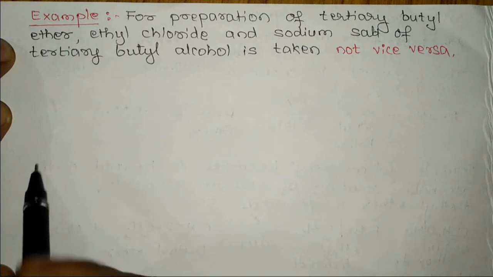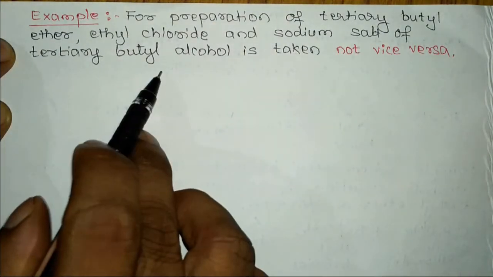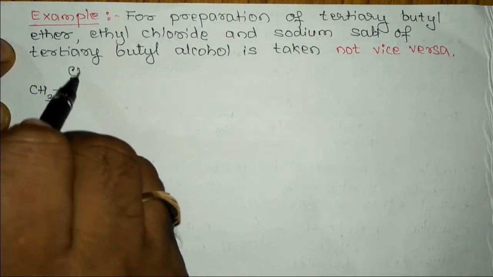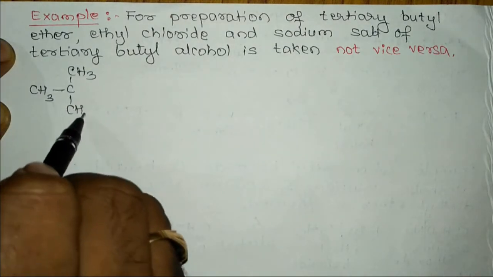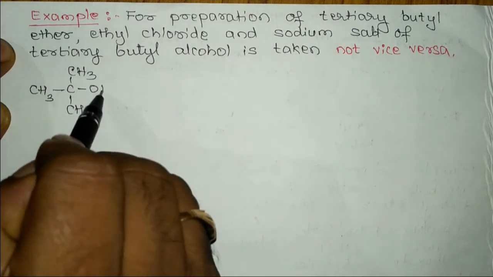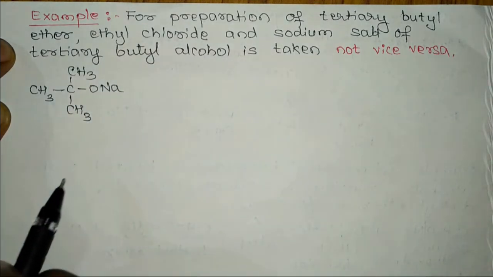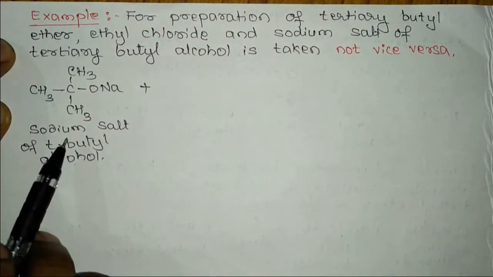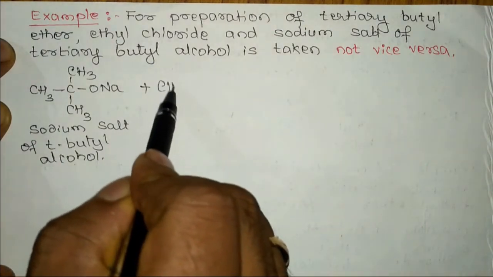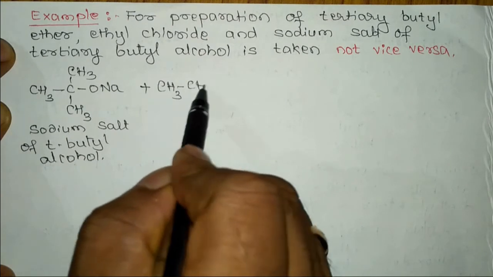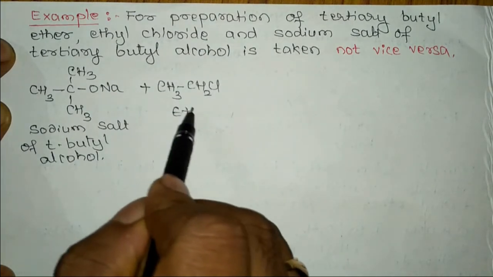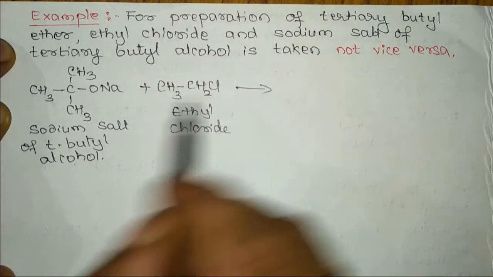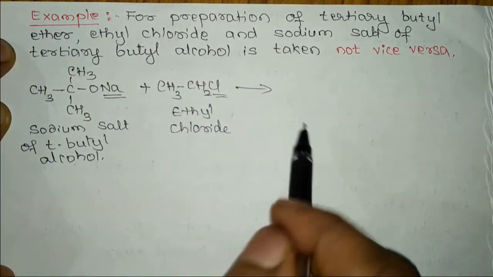Here first, the sodium salt of tertiary butyl alcohol, that is (CH3)3C-ONa, plus CH3CH2Cl, ethyl chloride, eliminates a molecule of sodium chloride.